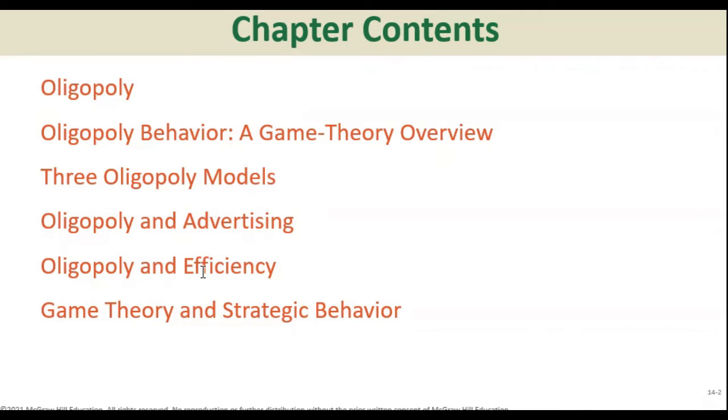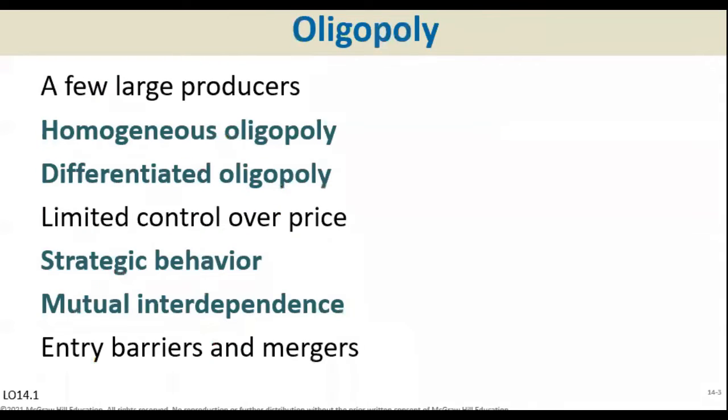And oligopoly and efficiency, as I pointed out to you, and we'll conclude the chapter with game theory. And that's going to illustrate the strategic behavior that an oligopoly firm must follow to be able to put forward its pricing and output strategy. So what is oligopoly?